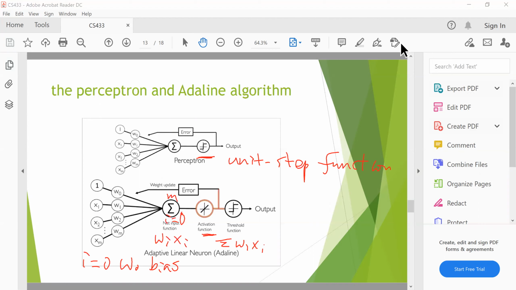And for our weight updates, because that's our goal, we try to find the minimum, the optimum weight.